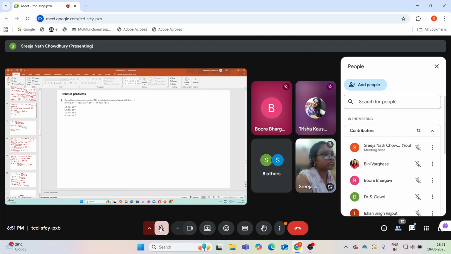So it is delta G equals to delta H minus T delta S. So minus RT ln K, sorry.